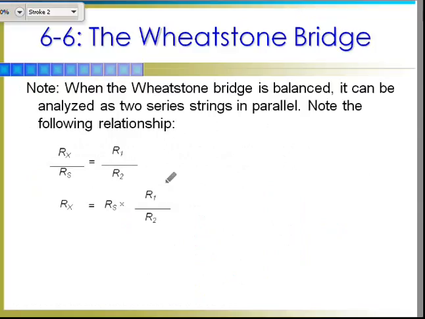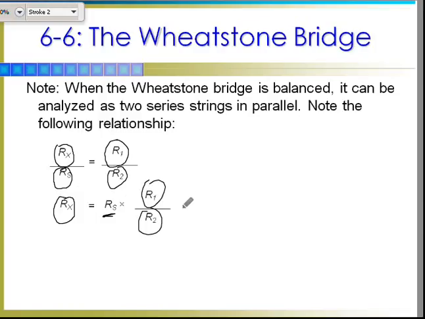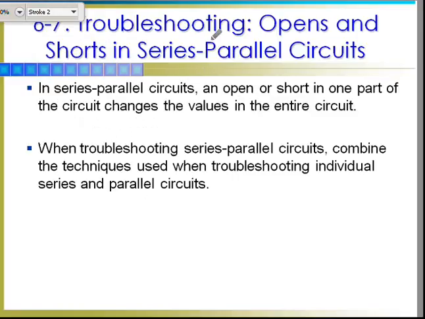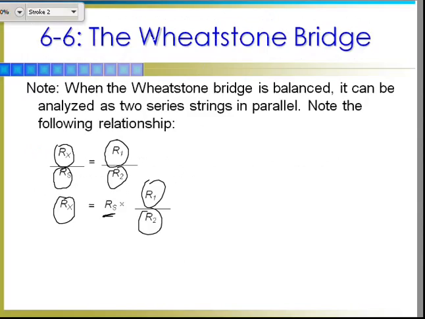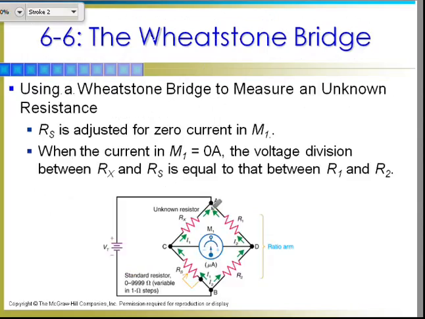Okay, so if the ratio unknown to scaling resistor equals the ratio of R1 to R2, then your unknown has got to be the value of your scaling resistor times the ratio that's already known. It's not used much anymore, but it's a neat concept and a neat way to think about parallel circuits.